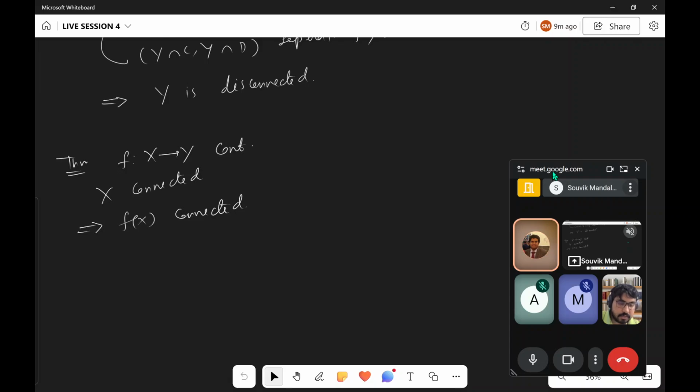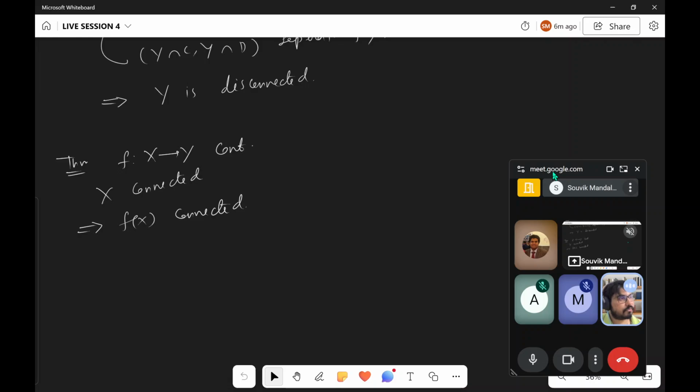For example, consider we have a pair U, V such that UV is a separation of X. We need to show what?